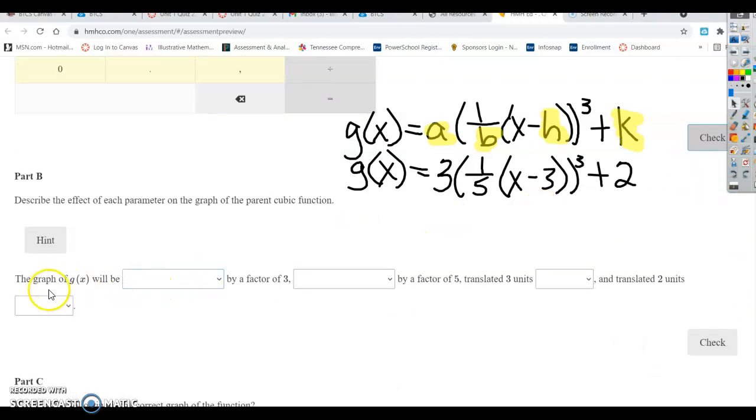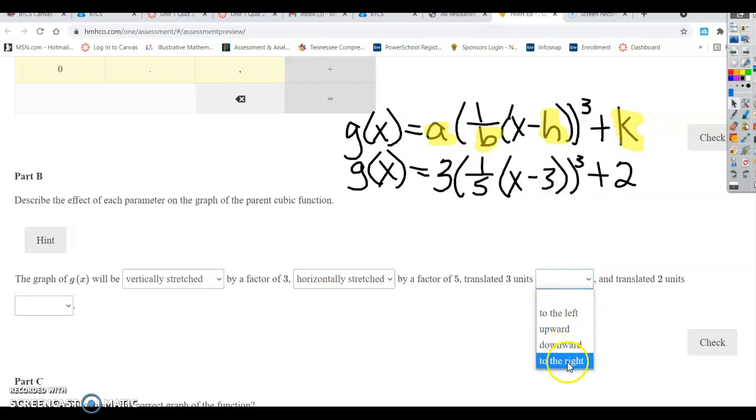If you remember, the graph of g of x will be stretched by a factor of 3. So A is a vertical stretch. B by a factor of 5 is going to be a horizontal stretch. And it's translated 3 units to the right.